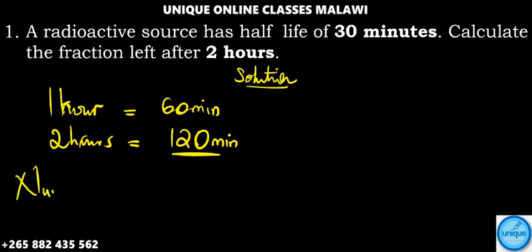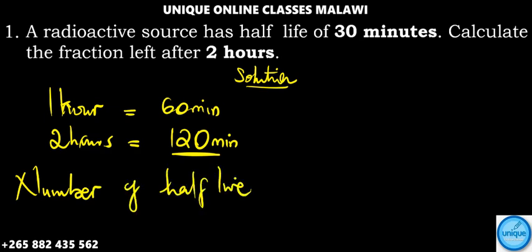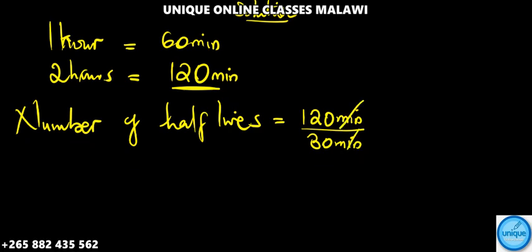So here the number of half-lives is equal to 120 minutes divided by 30 minutes. Minutes and minutes will cancel, and 120 divided by 30, we're going to have 4 as the number of half-lives.